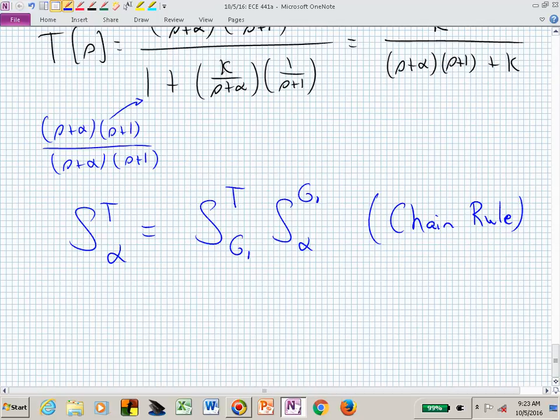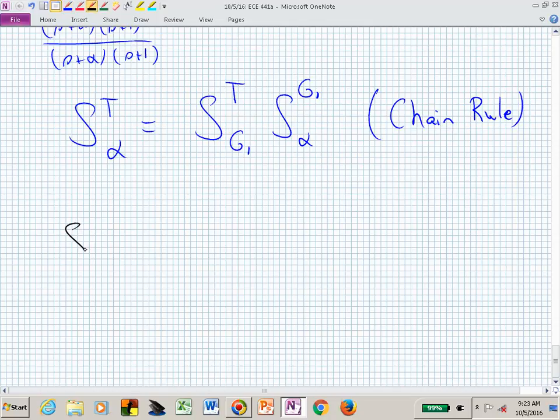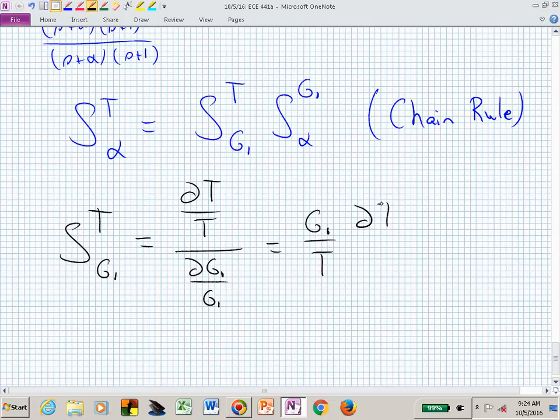But what happens if we now find the first piece, the sensitivity of our transfer function T with respect to G1? Do you remember the formula for that? Partial of T, and we normalize that by the transfer function T over partial of G1 over G1, which now gives us G1 over T times the partial of T with respect to G1.